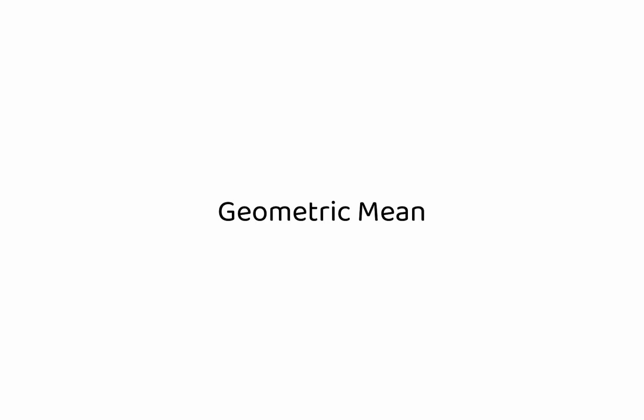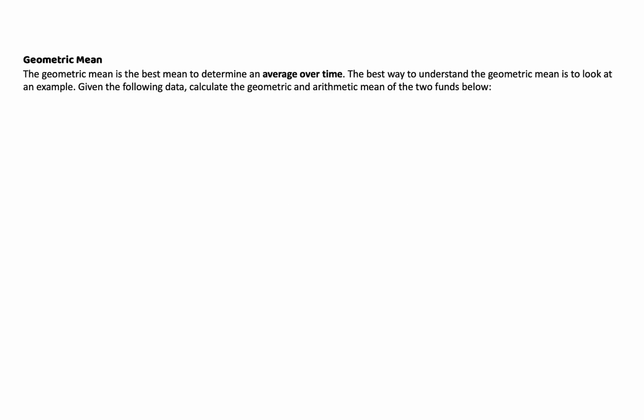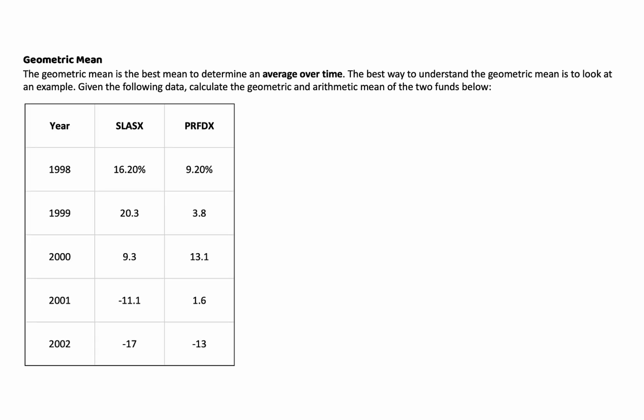Now let's look at my favorite method, especially in finance, to compute an average, which is the geometric mean. The geometric mean is essentially the best way to determine an average over time. The best way to understand that is to look at an example. So let's look at the following data, and then we'll calculate the geometric and arithmetic mean of the two funds below. So suppose I have these two funds.